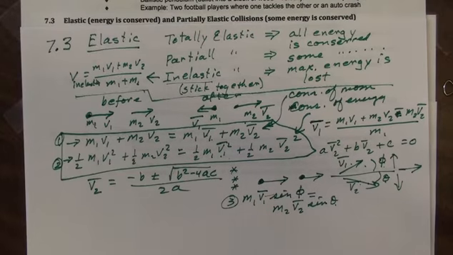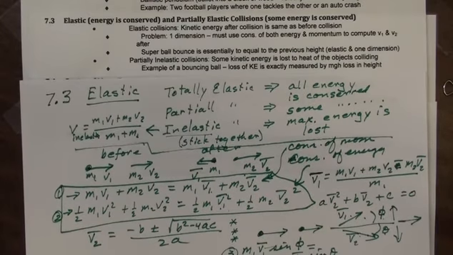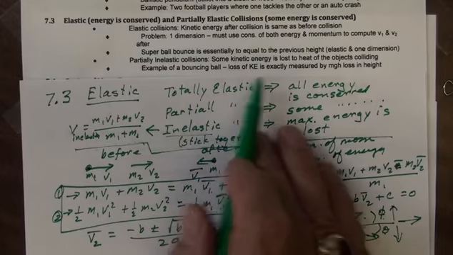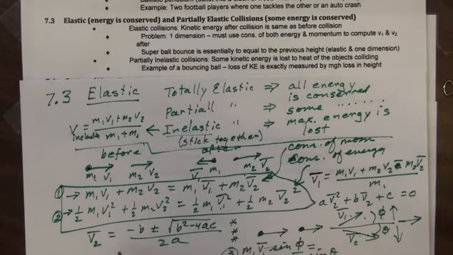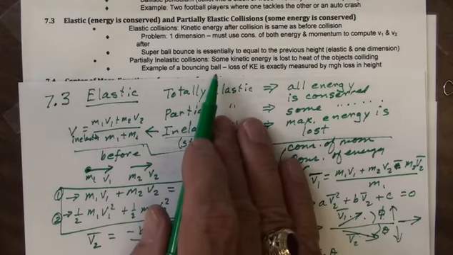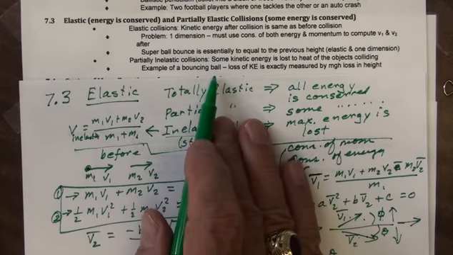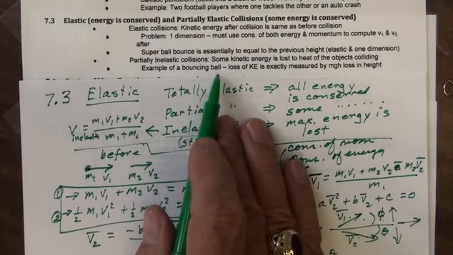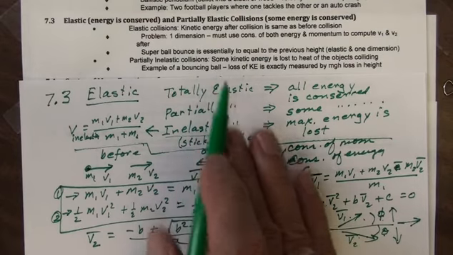And one thing I'd like to mention here on these elastic collisions is if I have almost no loss of kinetic energy, an example of that is a bouncing ball that's sometimes called a super ball or a bouncy ball, and then I'm losing almost none of the kinetic energy.